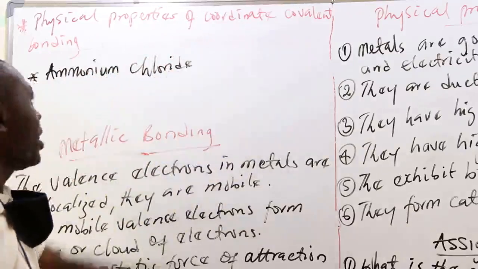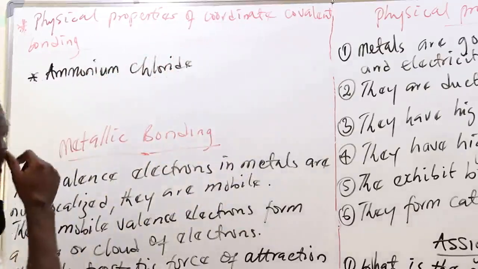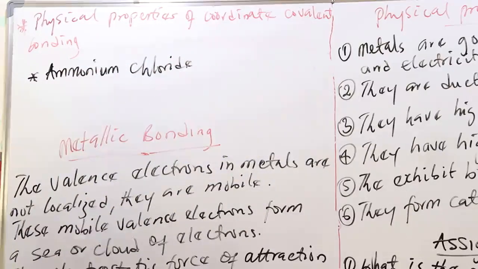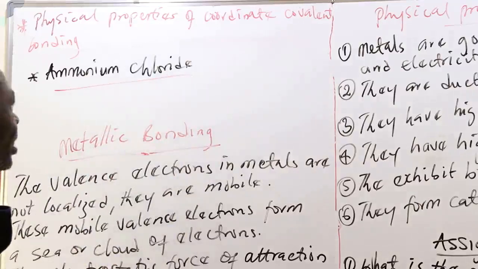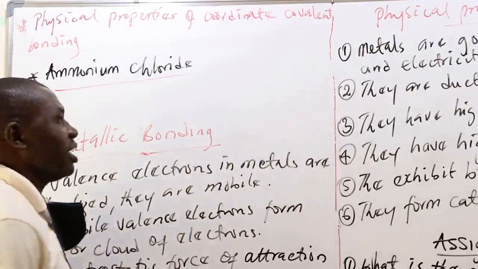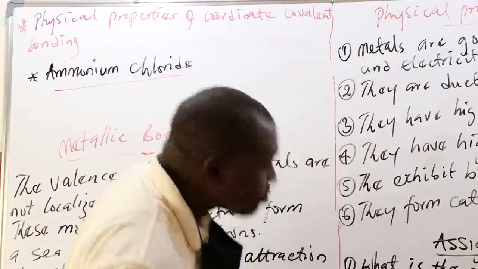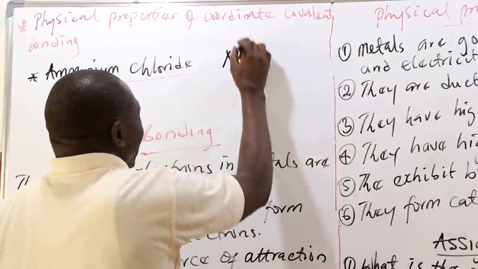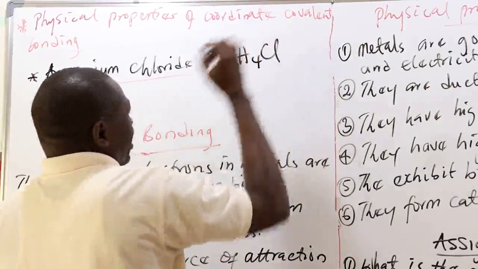Okay, so those properties I gave you for covalent compounds are the same properties you will consider for coordinate covalent compounds. Okay, now before we go to metallic bonding, I want to talk about ammonium chloride. Ammonium chloride is a very unique compound in the sense that it has 3 types of bonding in it. Remember, the formula of ammonium chloride is NH4Cl.